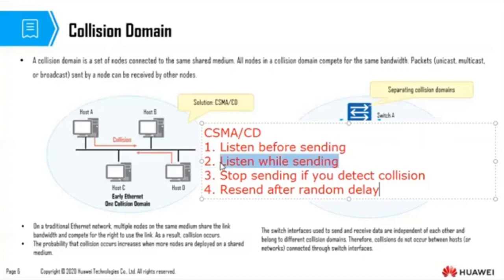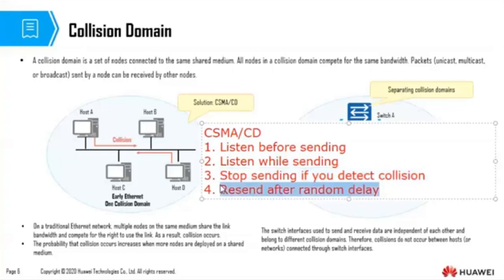Now, in case collision occurs on the line, then the signals become unstable and the data is scrambled. That's how computers are able to know that collision has occurred. So when you realize that collision has occurred, you have to stop sending. Then you have to wait for a random amount of time, then repeat the process again.